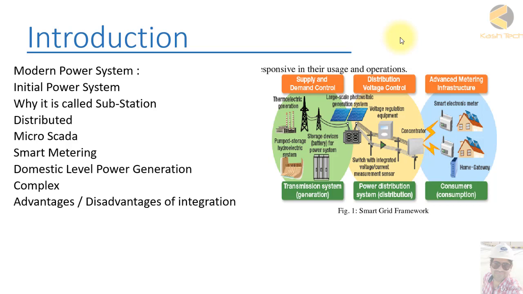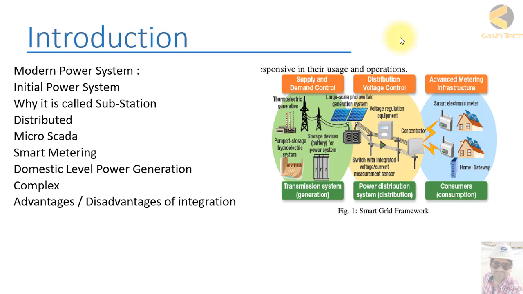It has become possible now using smart SCADA and smart metering. So nowadays generation has been pushed down to as low as domestic levels. It has advantages and also disadvantages: it has become more complex, and we need to apply more advanced technologies if we want to control and monitor the networks.